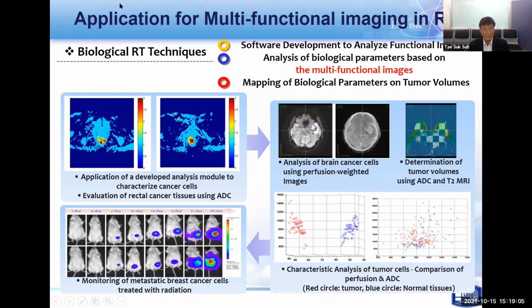And this slide shows our research for applying various functional images and molecular imaging to evaluate radiation therapy effect.